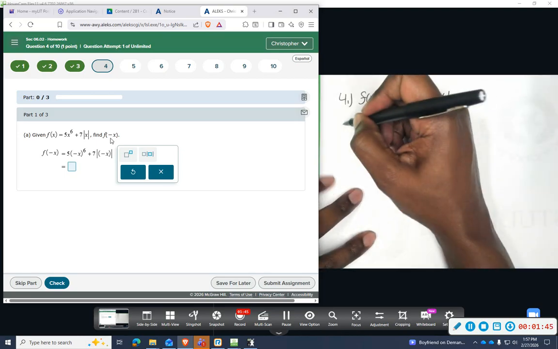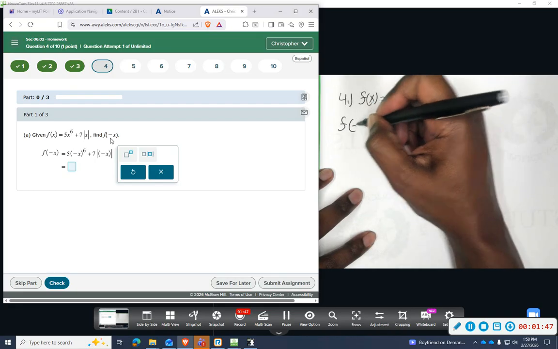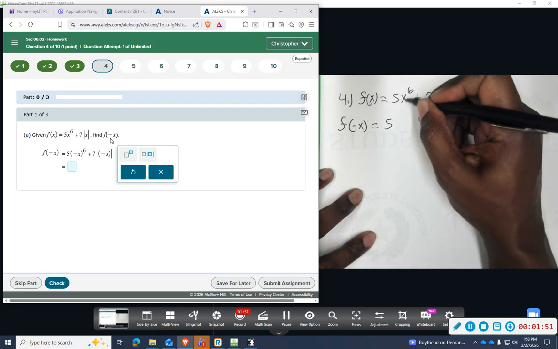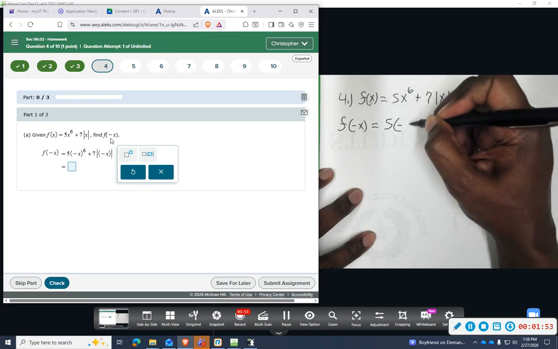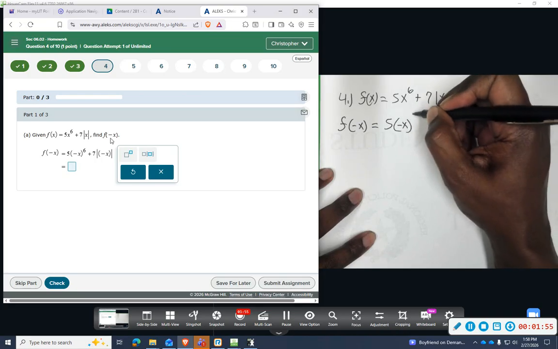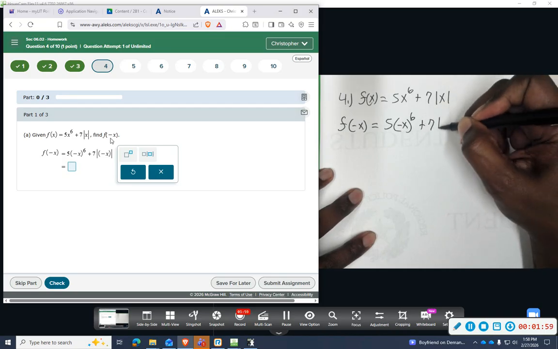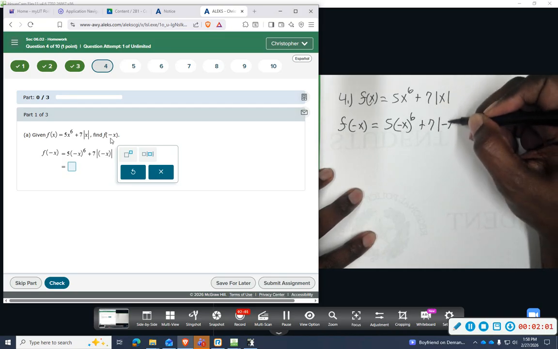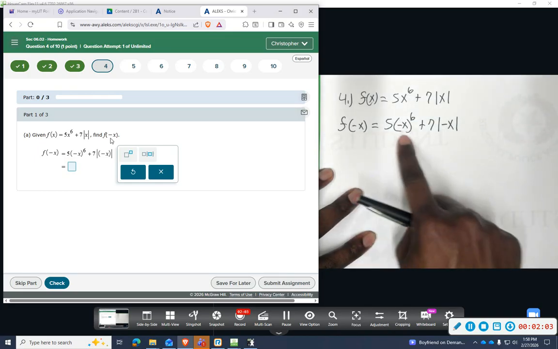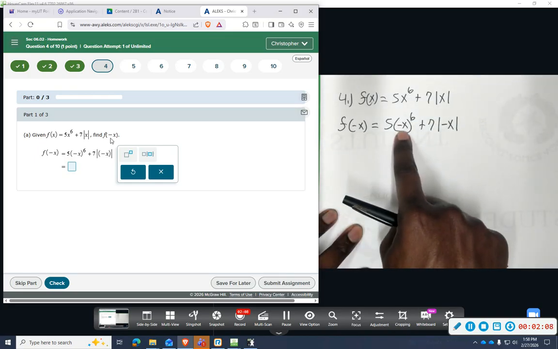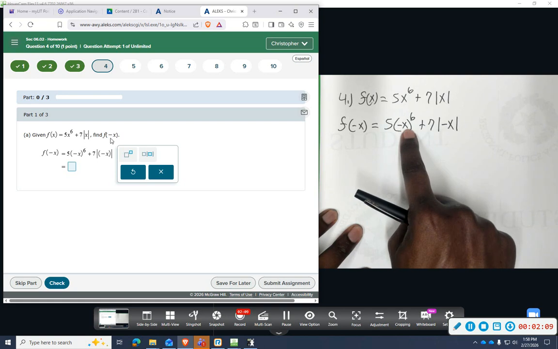Okay, and so f of negative x would be equal to 5, and then the x, I'm going to make it negative, still raised to the 6th, plus 7 times the absolute value of negative x. Okay, so we're just replacing the x with the negative. If we do the math, this is saying negative x times negative x, 6 times.